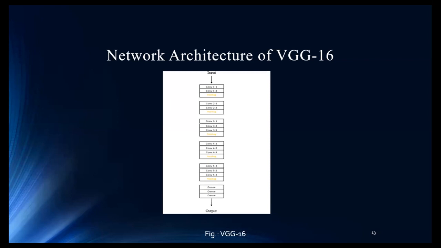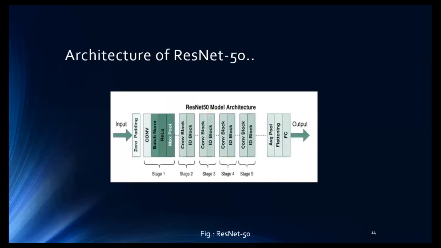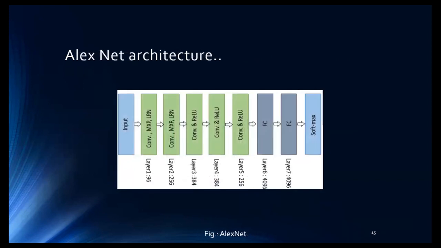Now, architecture of VGG16: we can see 2 convolutional layers in a row, then a max pooling layer, then 2 convolutional layers and a max pooling layer, and finally dense layers. Then ResNet 50 architecture is first a convolutional layer, then normalization, then the ReLU activation function, then a max pooling layer, and before the flattening layer, an average pooling layer is also used.